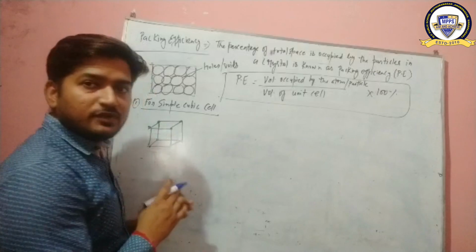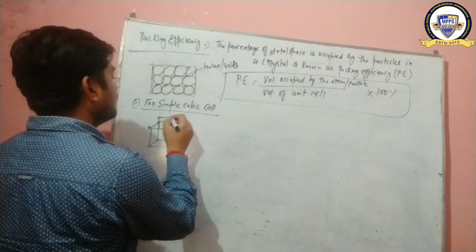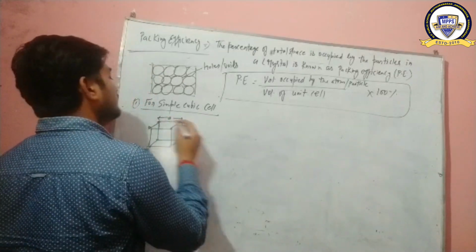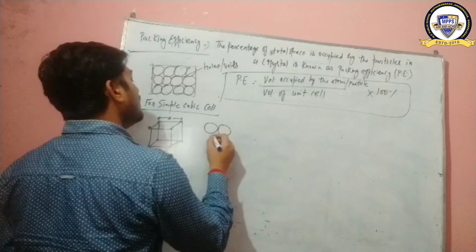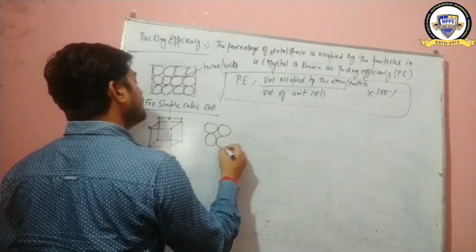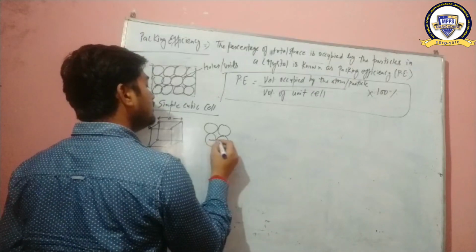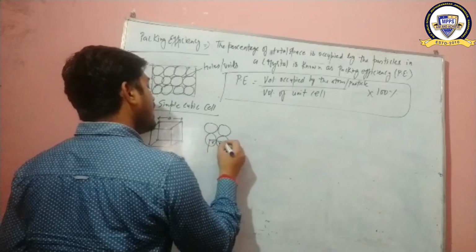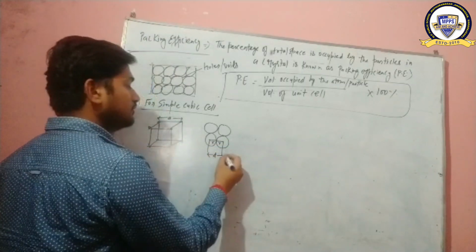If the edge length is a, and you look here, the particles are represented like this. This one, from the center, is the radius r, and the total distance is d.